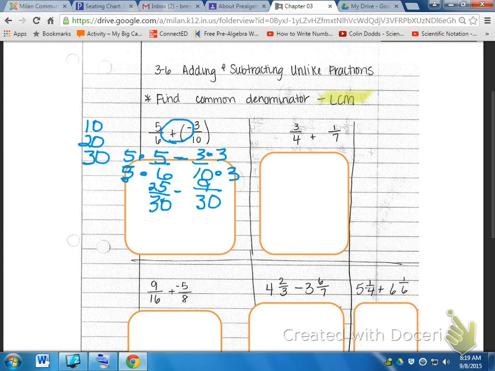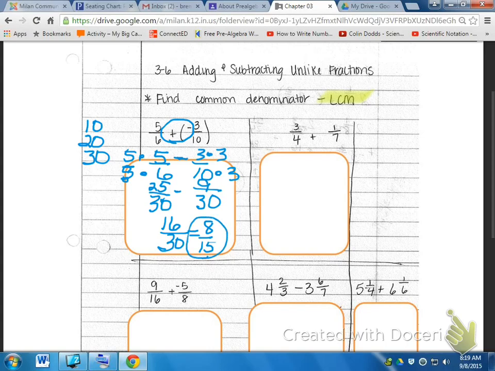So now I have 25/30ths minus 9/30ths, and we do what we did on Friday: my denominator is 30. 25 minus 9, when you subtract that, you should get 16, and then you always look to see if you can simplify, and in this case, they're both even, so it would be 8/15.